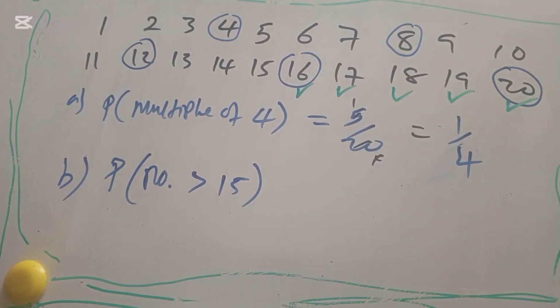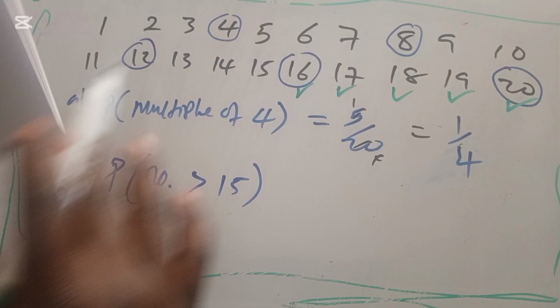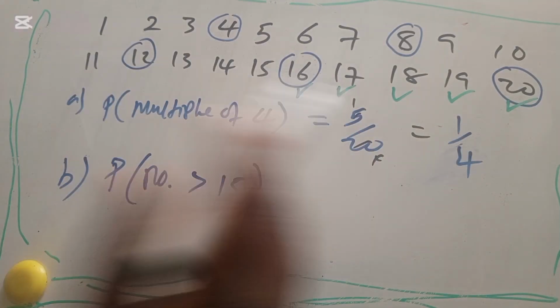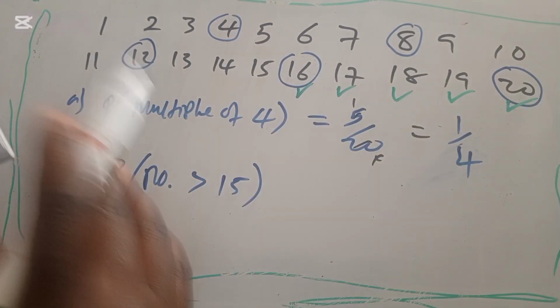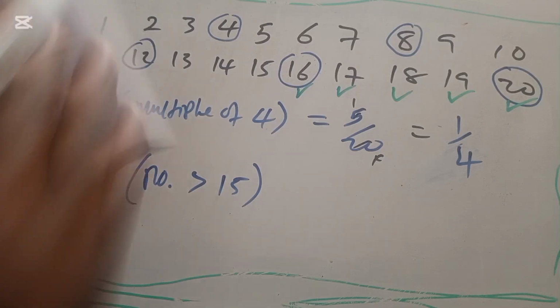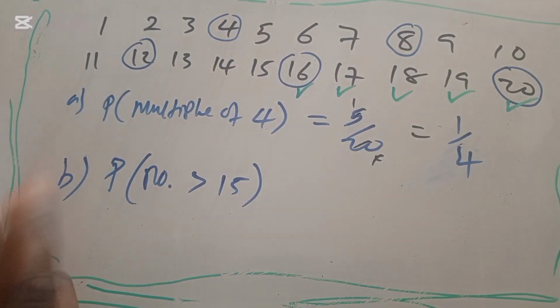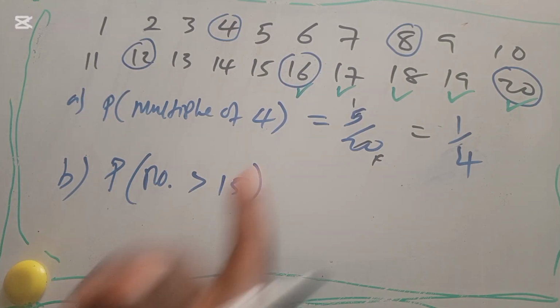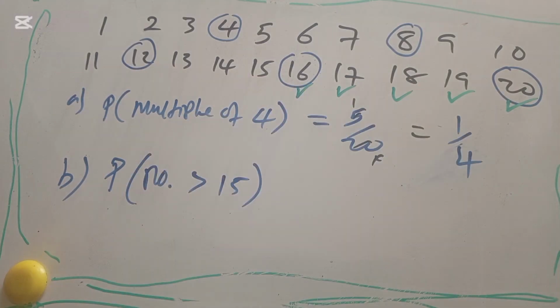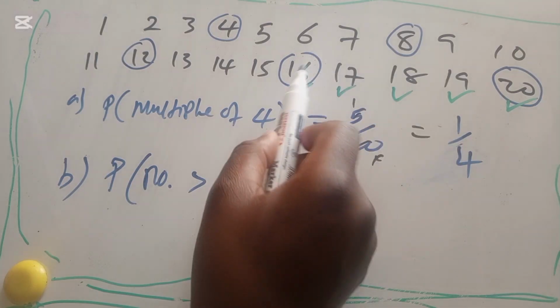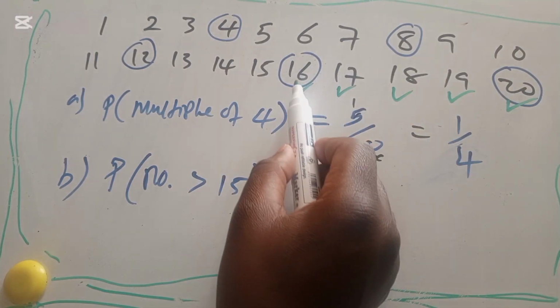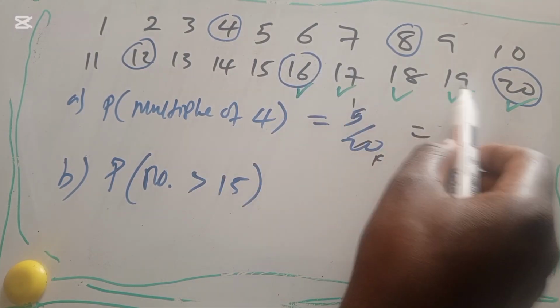So the question asks that you have 20 numbers or cards indicated 1 to 20. So we are saying if you flip and you randomly pick one, what's the probability that the number you pick is greater than 15? So you count the numbers that are greater than 15, you add them 1, 2, 3, 4, 5.